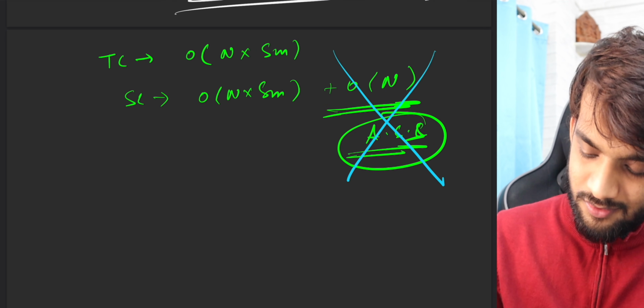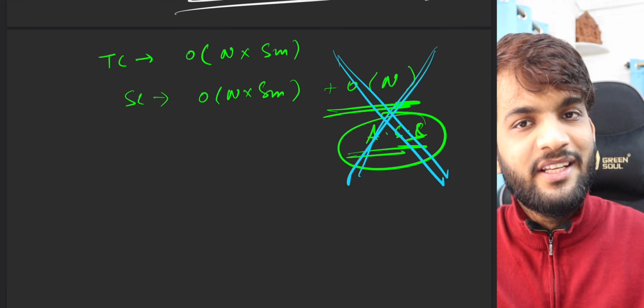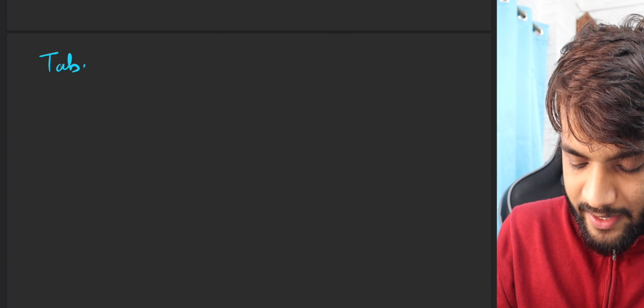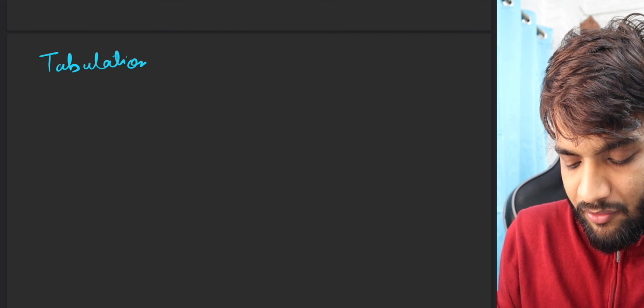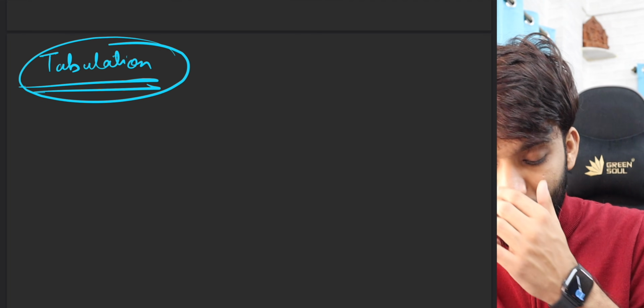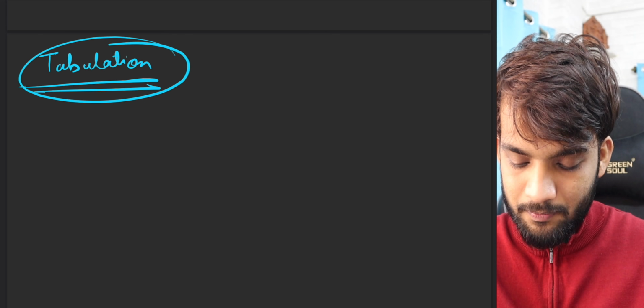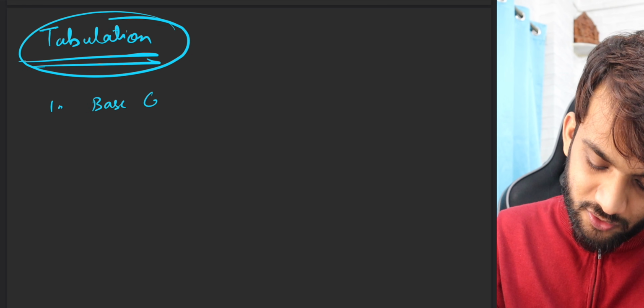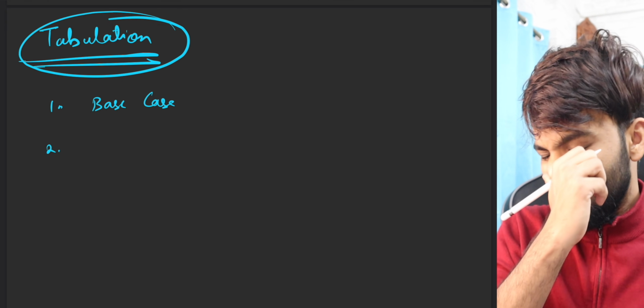I don't like auxiliary stack spaces. So what do you do? You convert the recursion into a tabulation because you don't like it, right? So how do you convert this into a tabulation? Very simple. What's the first thing? Base case. Write the base case. What's the next thing?